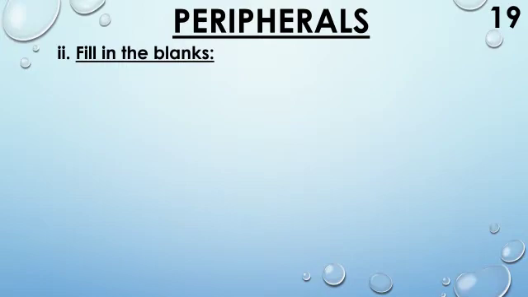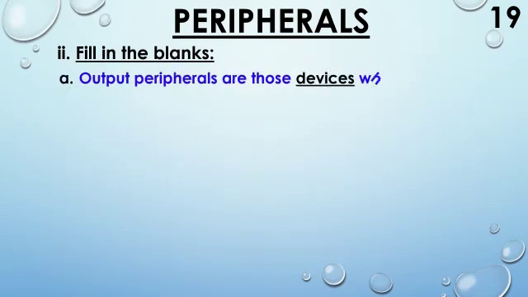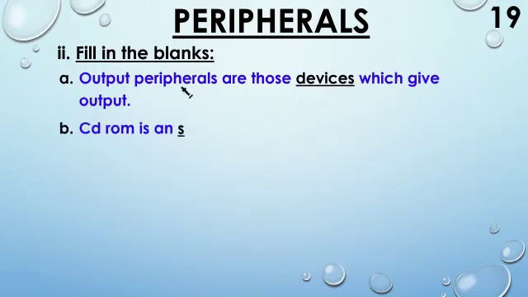Fill in the blanks. Number 1, A. Output peripherals are those dash which give output. Answer is devices. B. CD-ROM is a storage device.